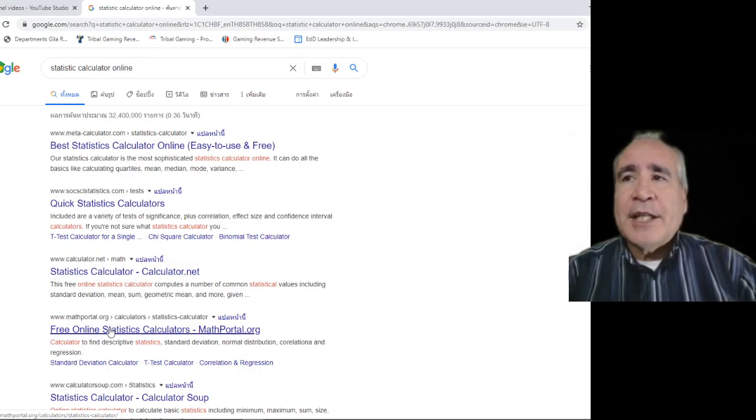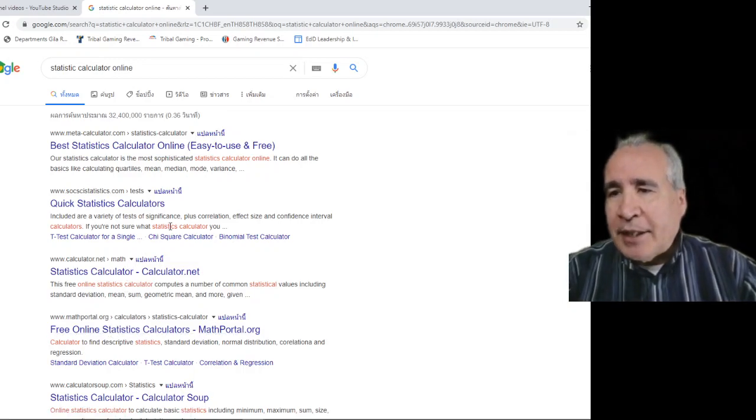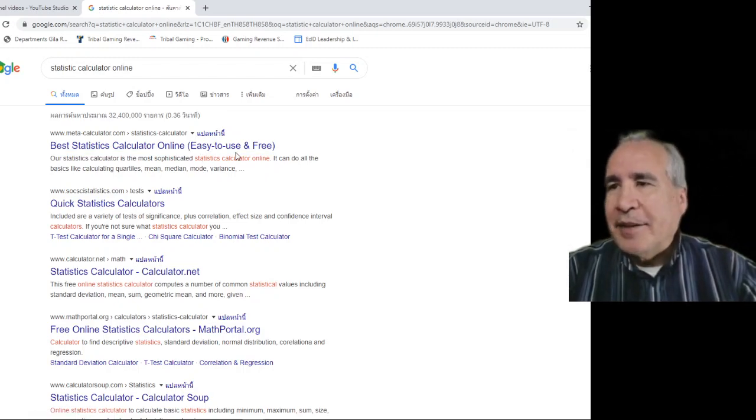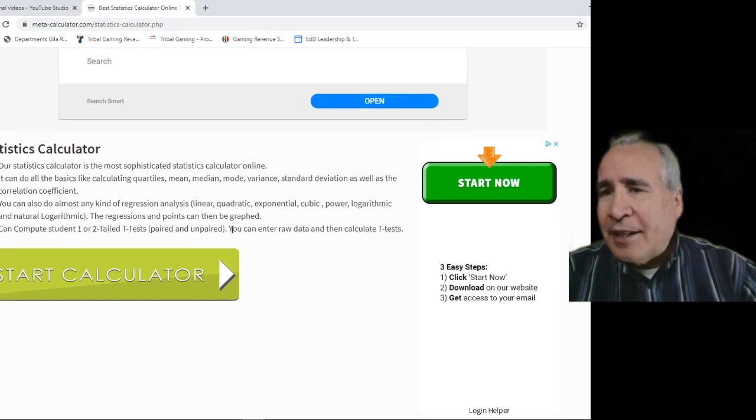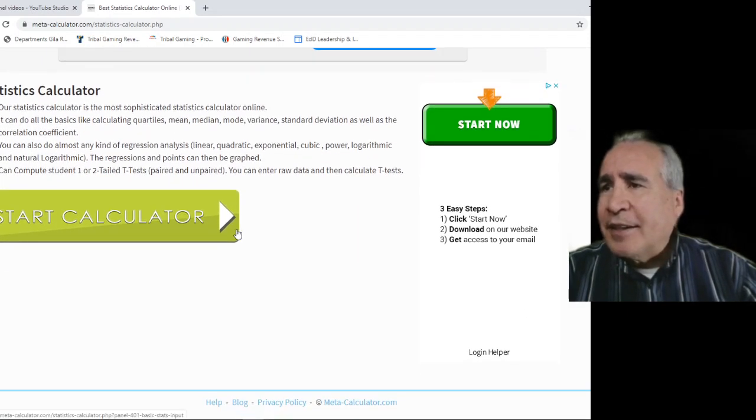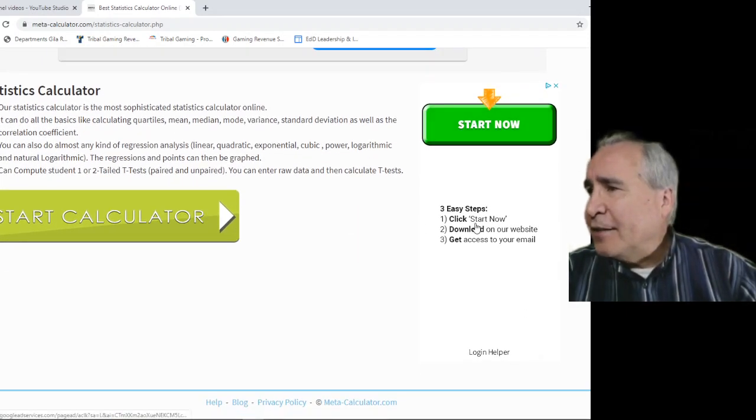So if you don't particularly care for the one that I put the link for, I think I'm going to use this one. It's because it says it's easy to use and it's free. Well, we'll see. Okay, so we click on this. Okay, easy step. Click start now. Download it on our website.